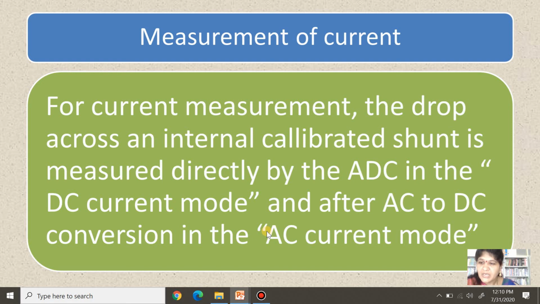But when we are measuring the AC current, we have to pass it through the rectifier circuit, which converts the AC current into a DC current. The value of that current is then discretized by the A to D converter, and we have the digital output on the display screen.